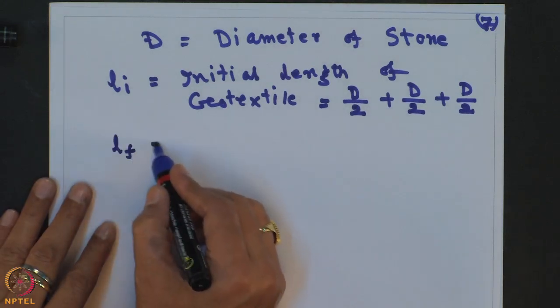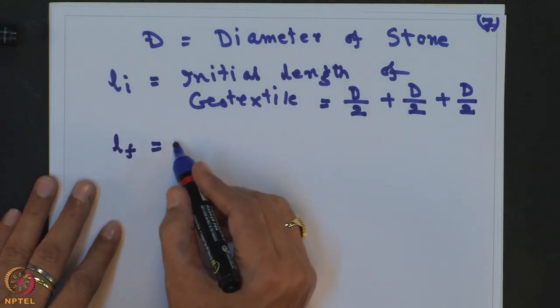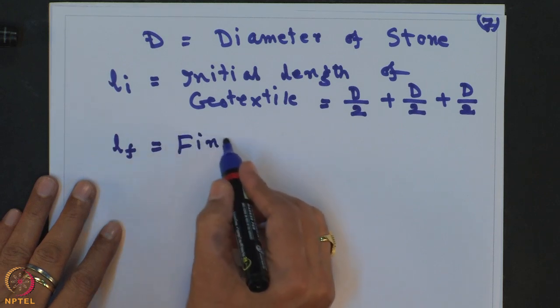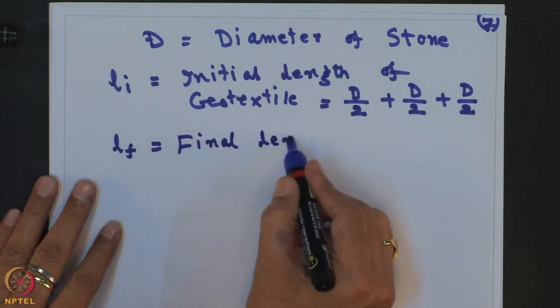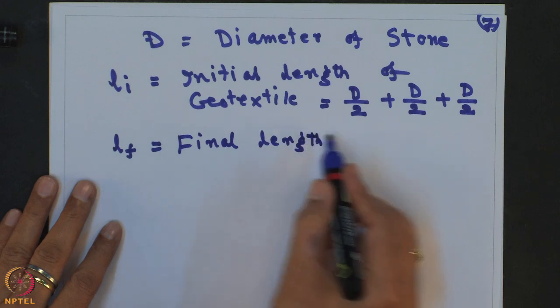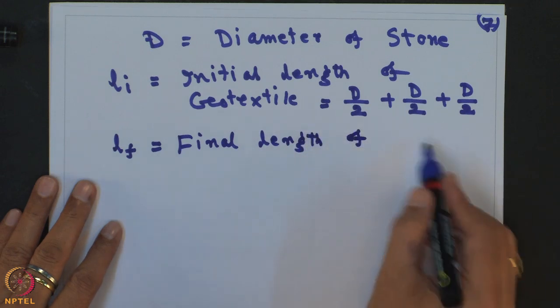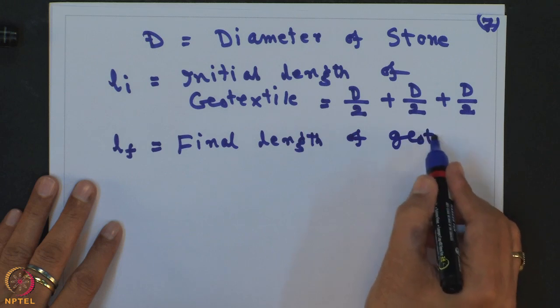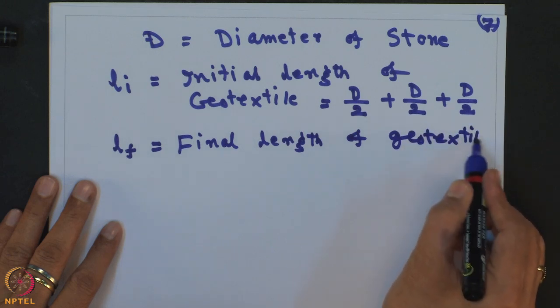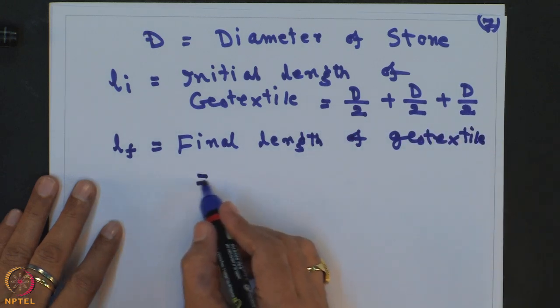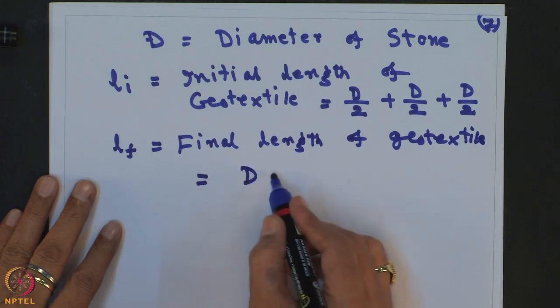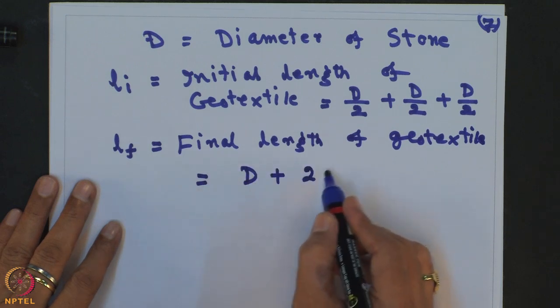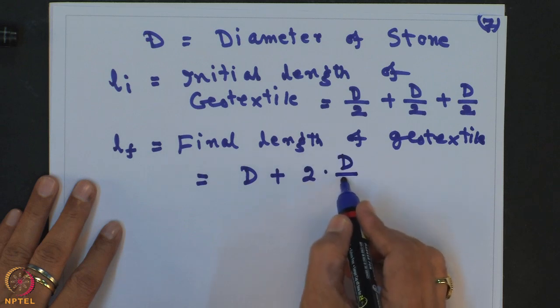And after applying load, the final length of geotextile will be equal to D plus 2 times D by 2.